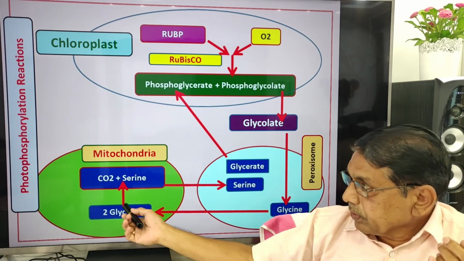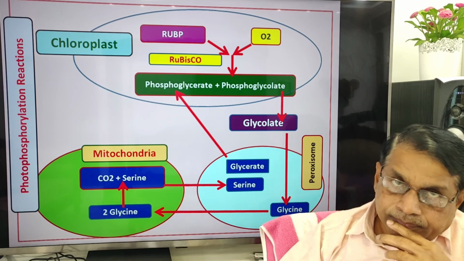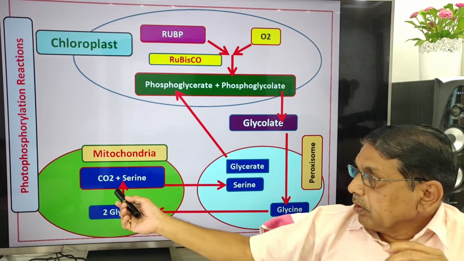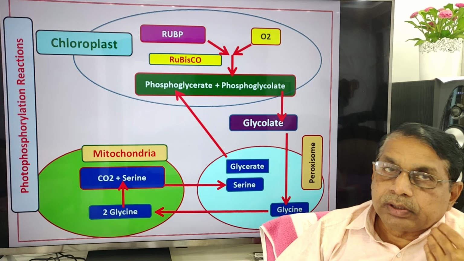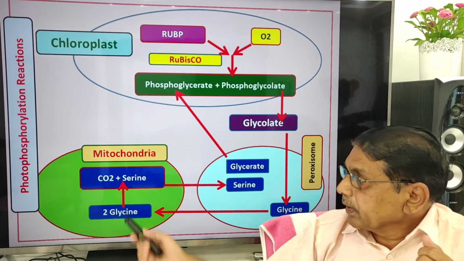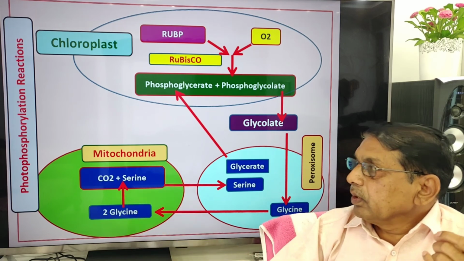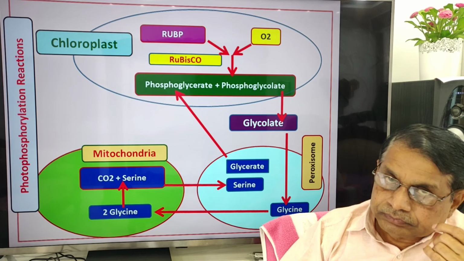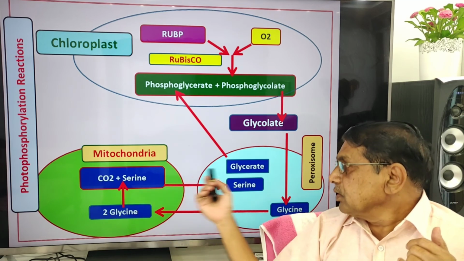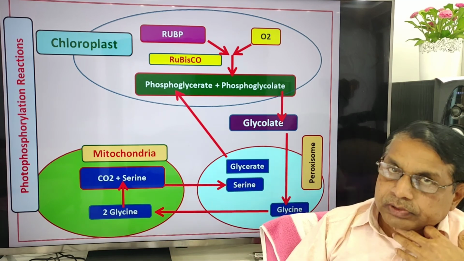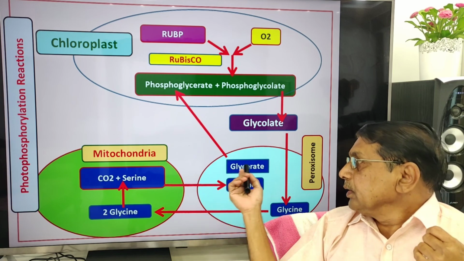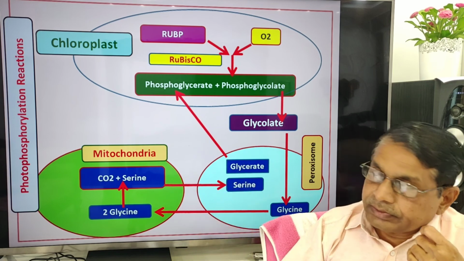Glycine is transported to mitochondria, where two glycine molecules are converted to one molecule of carbon dioxide and one molecule of serine. The serine is retransported to peroxisomes, where it is converted to glycerate.